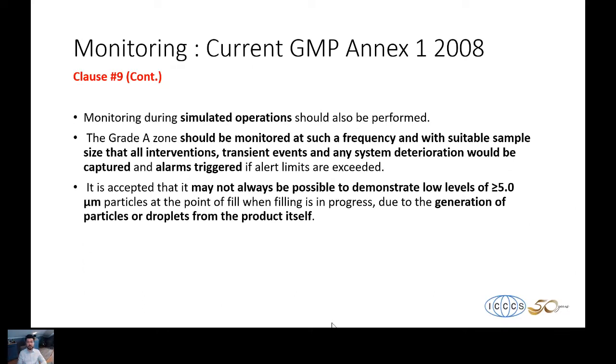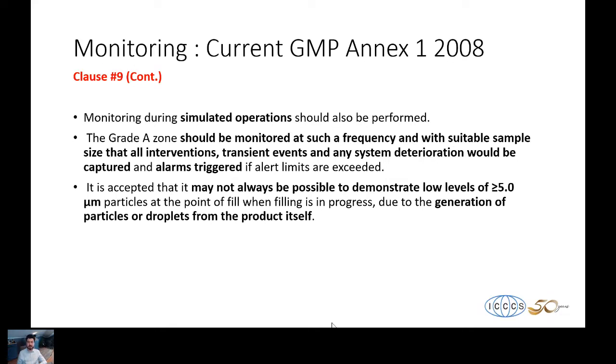This is what we call online. In some cases, even on weekends, while you're not working in the area, your system is running. Sometimes the system counts some particles, you don't know the reason, and you have nothing to do with this information. That's why you have to focus on the production time and consider it as online monitoring.